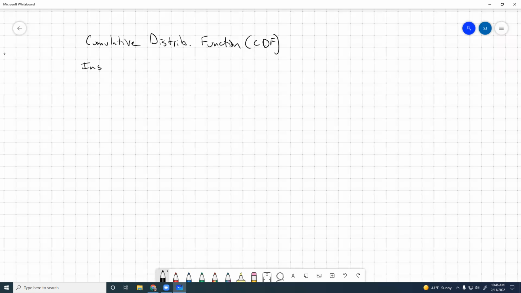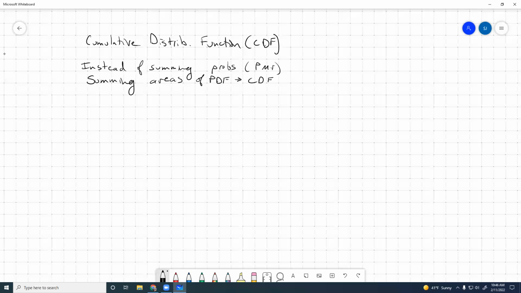Instead of summing probabilities, like we did with the PMF, now we're summing areas within that PDF to get to the CDF. So we're summing essentially f(x) delta x, or dx.